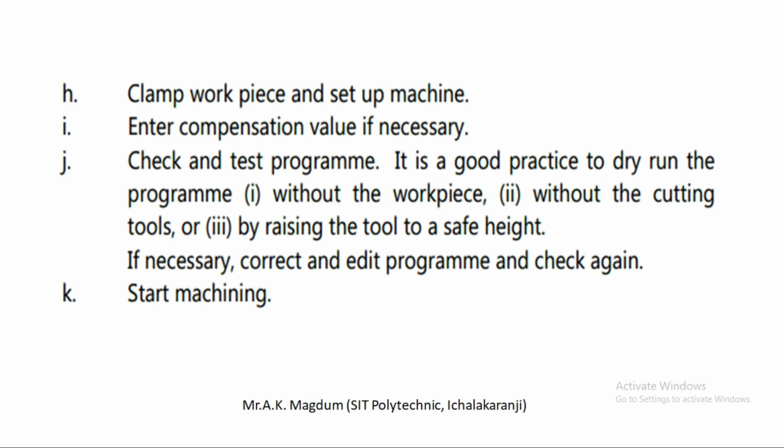Rapid traverse means what? It is the aerial travel of the tool. So that's why we generally use the G00 code for that type of travel. So this step is very important: the setup of the machine and clamping the workpiece.